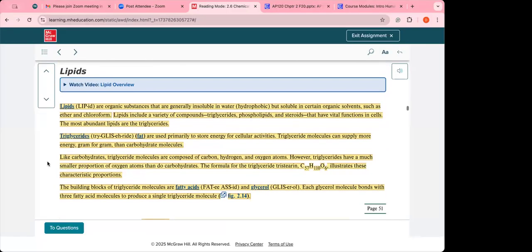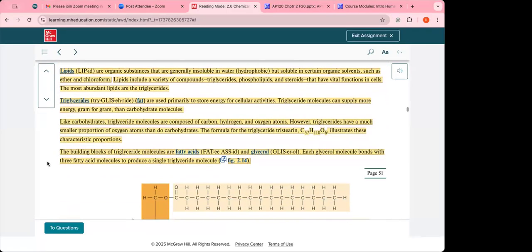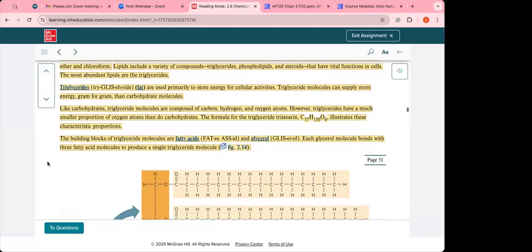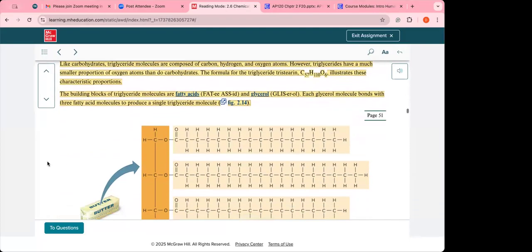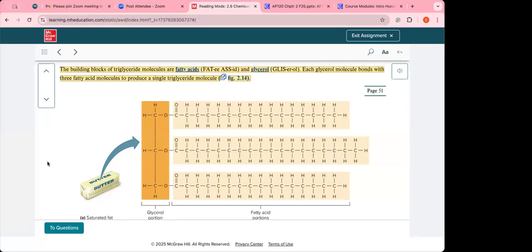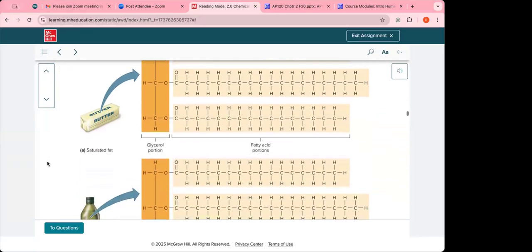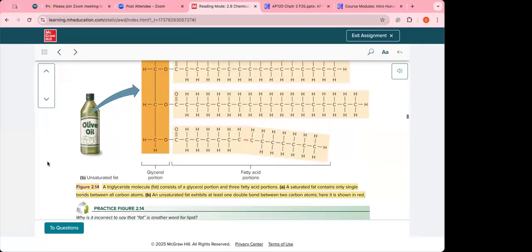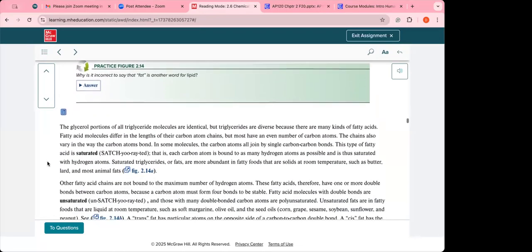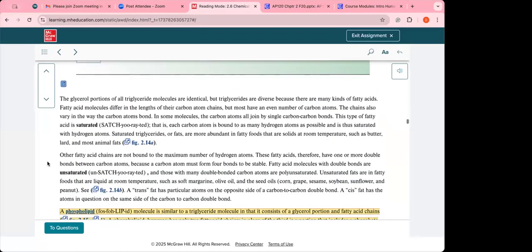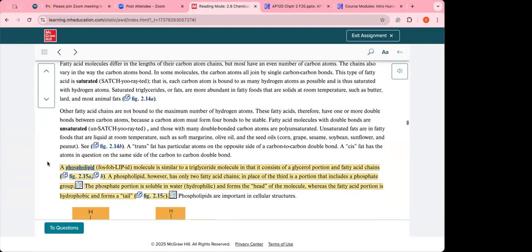You're closer. There it is. There's the word. A phospholipid, see the blue-green? A phospholipid molecule consists of a glycerol portion and fatty acid chains.